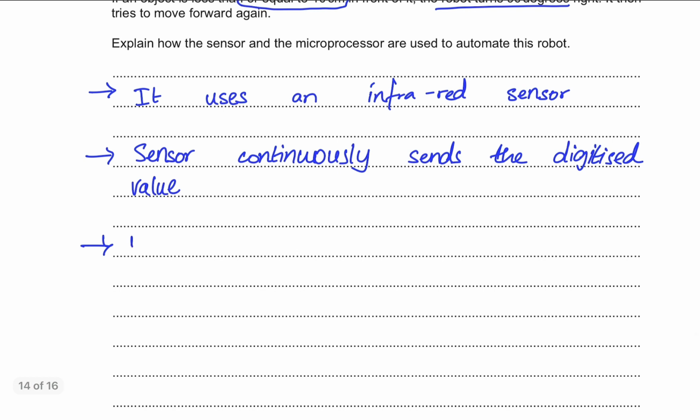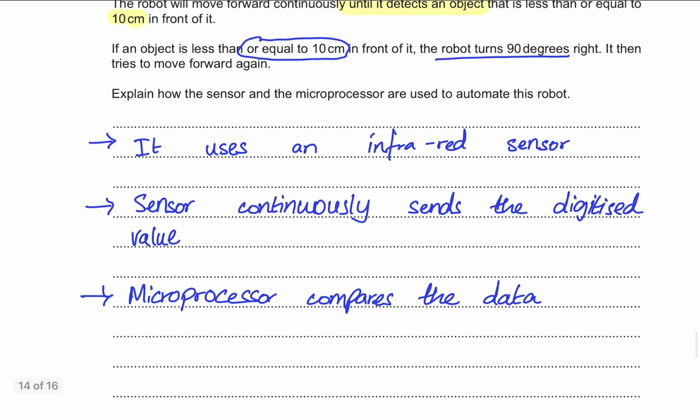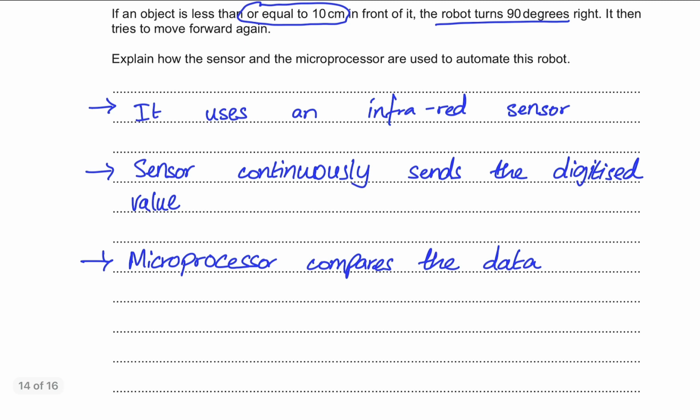The microprocessor compares the data. And what is the value stored? It's 10 centimeters. So it will store the 10 centimeter value.